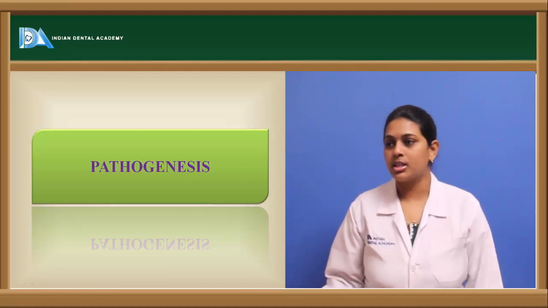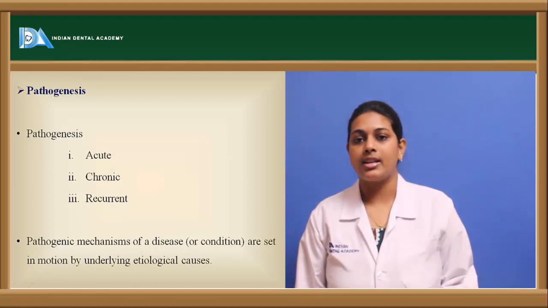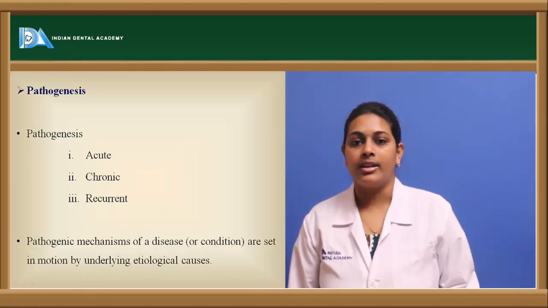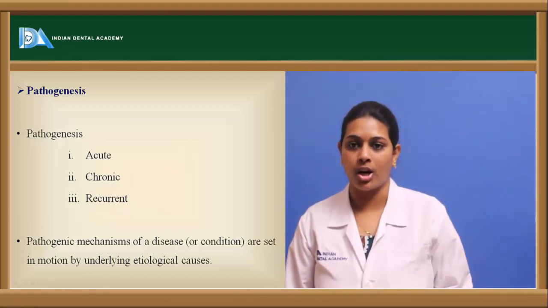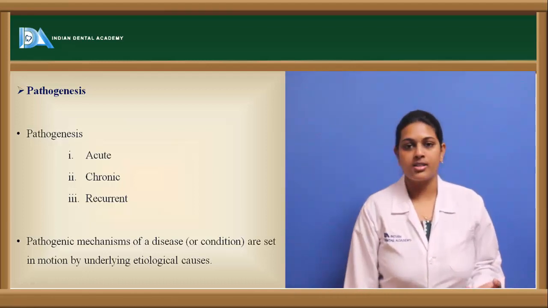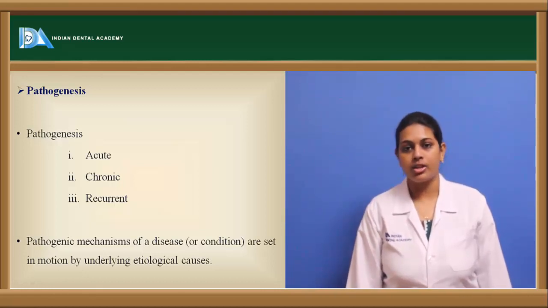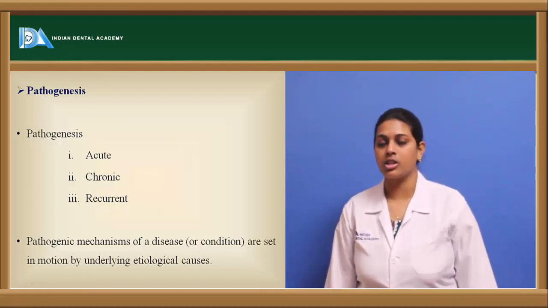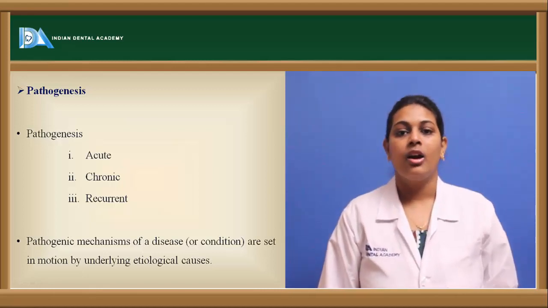Coming to the pathogenesis, it is a biological mechanism where we find that a disease state can be reached because of a step-by-step process, because of an etiological agent which progresses in its nature. So it could be acute, that is sudden onset, or chronic, that is long-term, or otherwise recurrent, that frequently recurs.